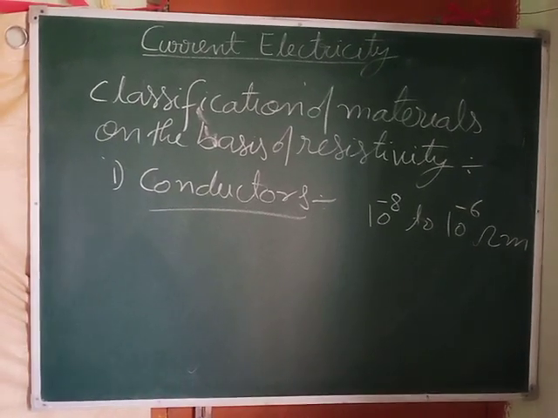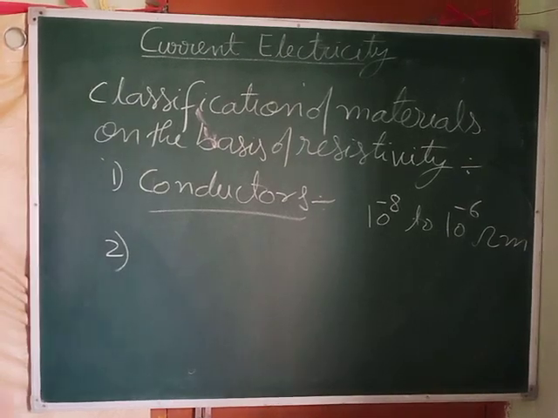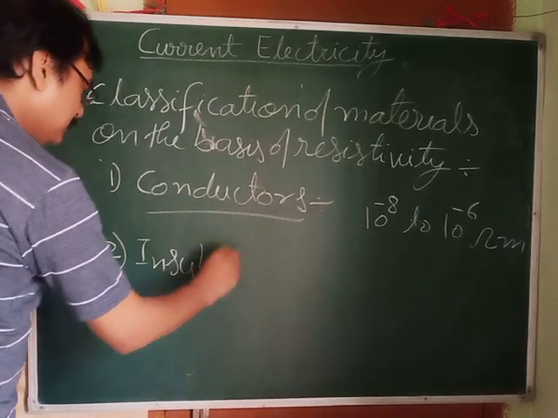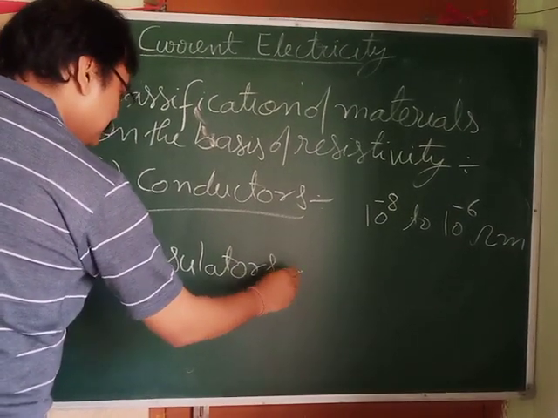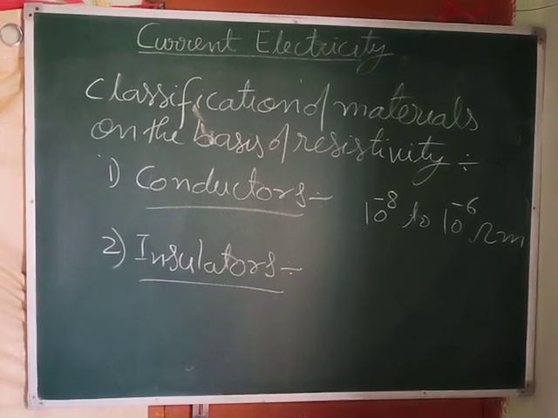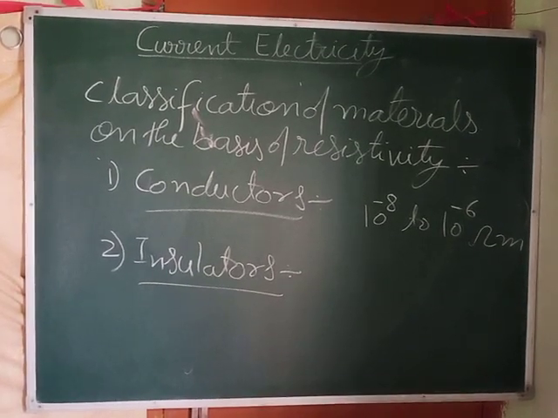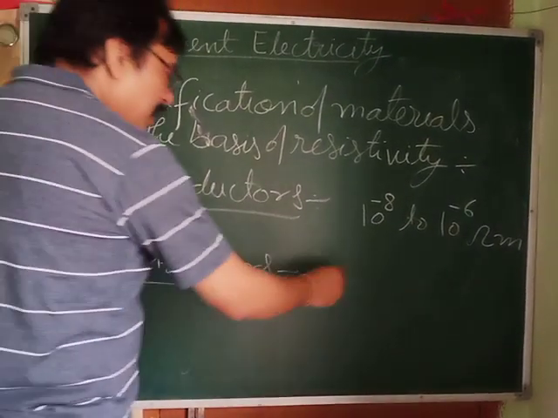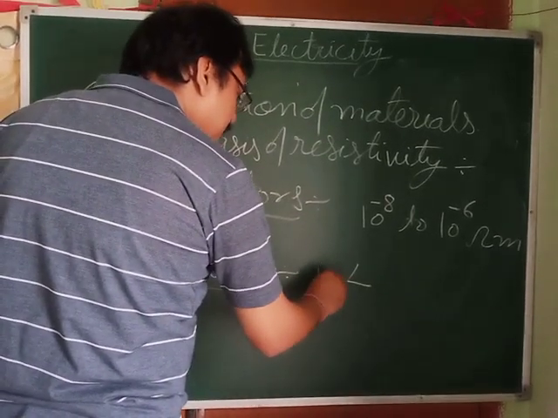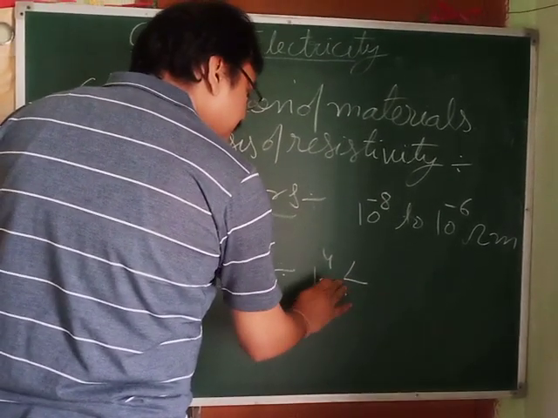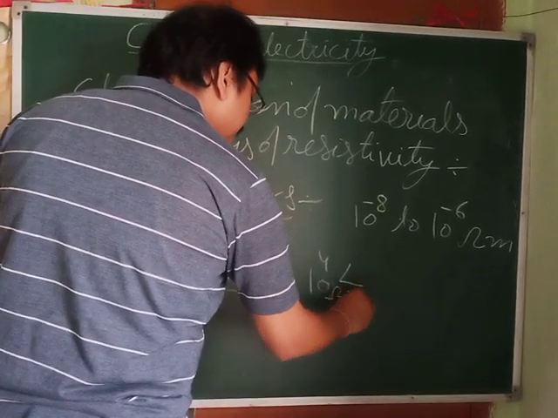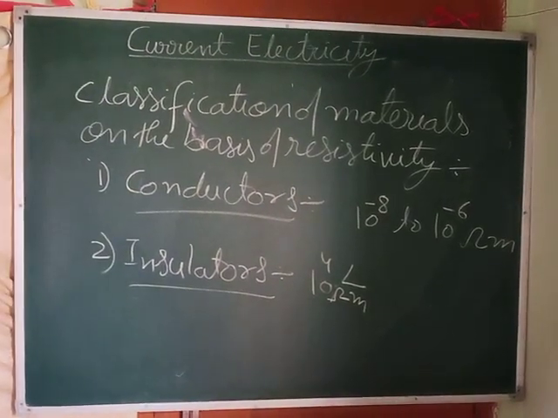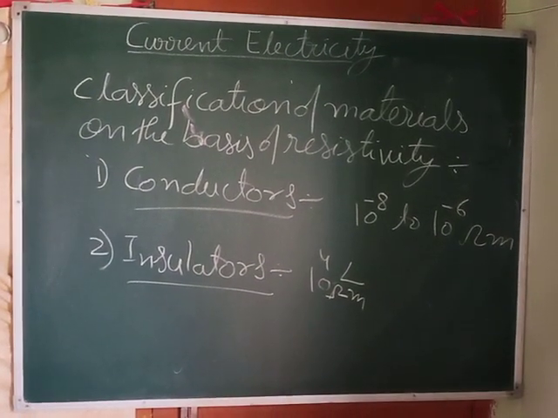Second is insulators. Now start writing. The materials having resistivity greater than 10 to the power 4 ohm meter are called insulators.